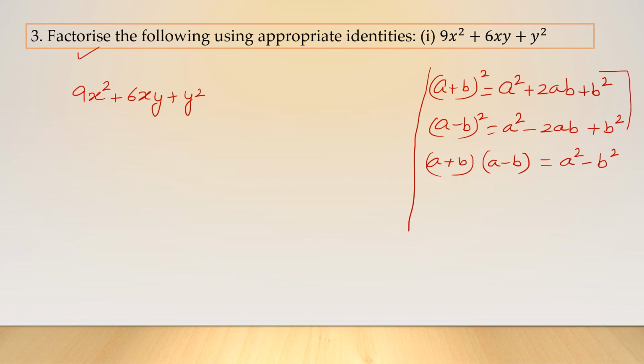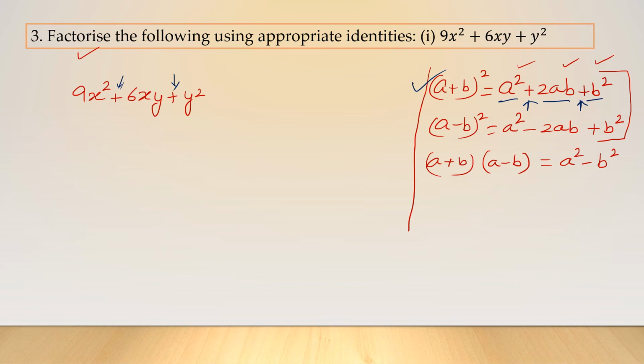If you just observe these three identities, in these two identities, after the equal to sign, we have three terms. Just observe which is the identity where we have three terms with 2 plus signs. So it means we have to apply this identity, which is (a plus b) whole square.